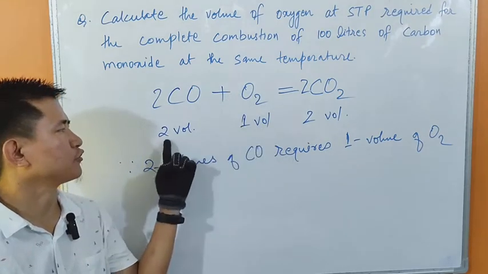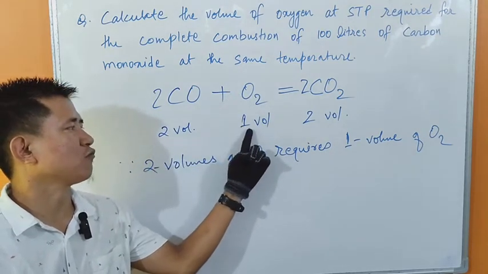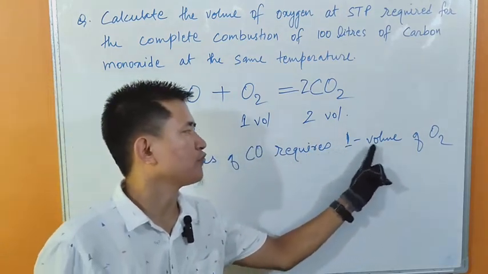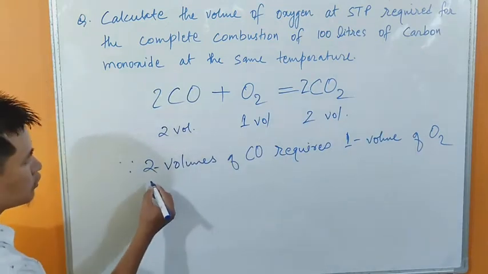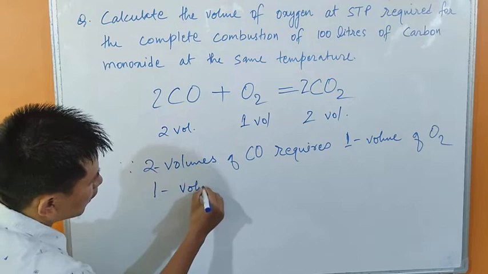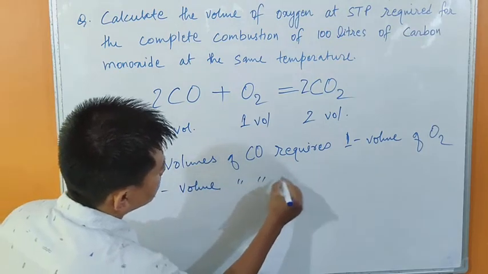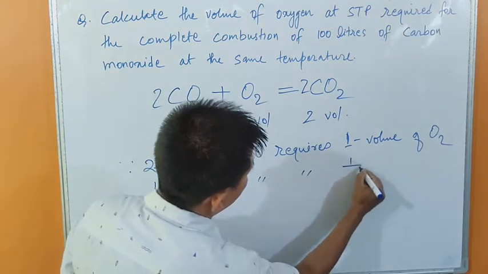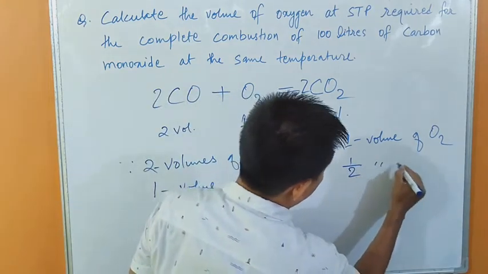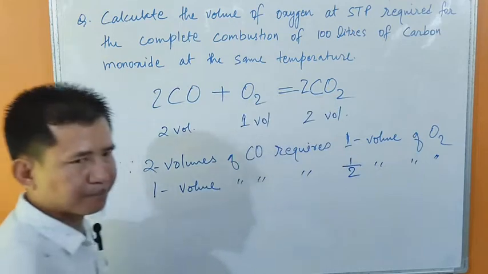That means you can write, unitary method, 1 volume of carbon monoxide requires 1 upon 2, this 2 comes down, 1 upon 2 volume of O2, isn't it?